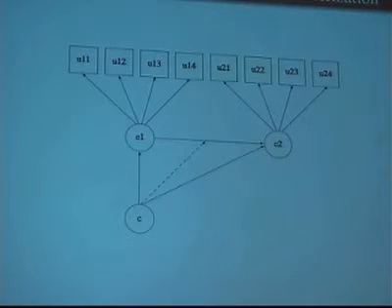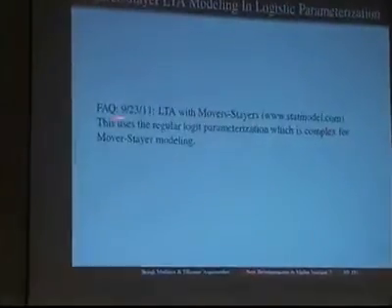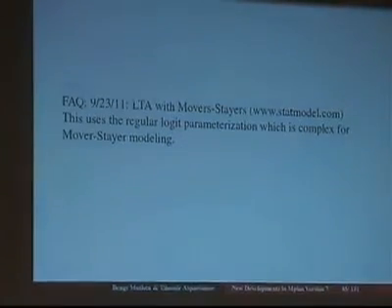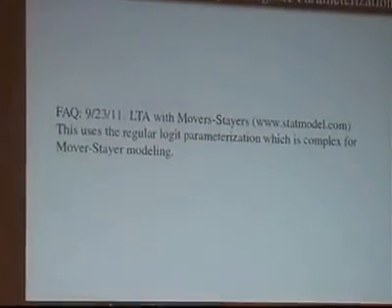We actually, that's quite complicated in the logistic parameterization, and we felt that we had to write a frequently asked question, FAQ, LTA with mover-stayers, which uses the regular loaded parameterization, which is complex for mover-stayer. Actually, it took me a while to write that, and I had to ask Tihomir several times to not get lost.